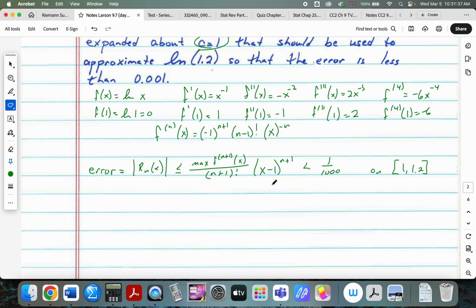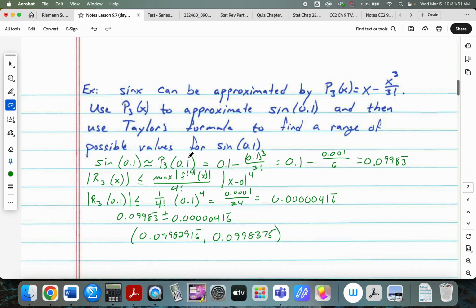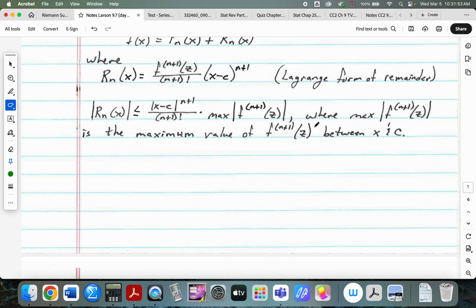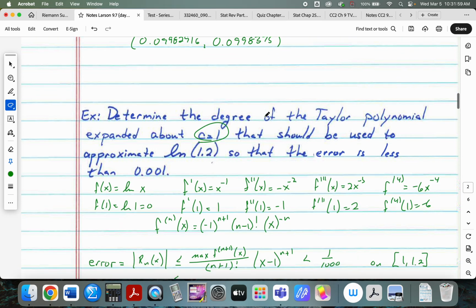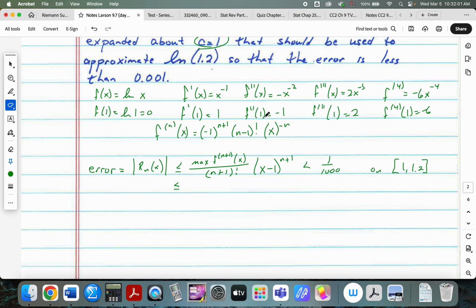So that part's just simply going to drop out. So this is going to be less than or equal to the maximum value of the absolute value, so I don't have to worry about the alternating part.